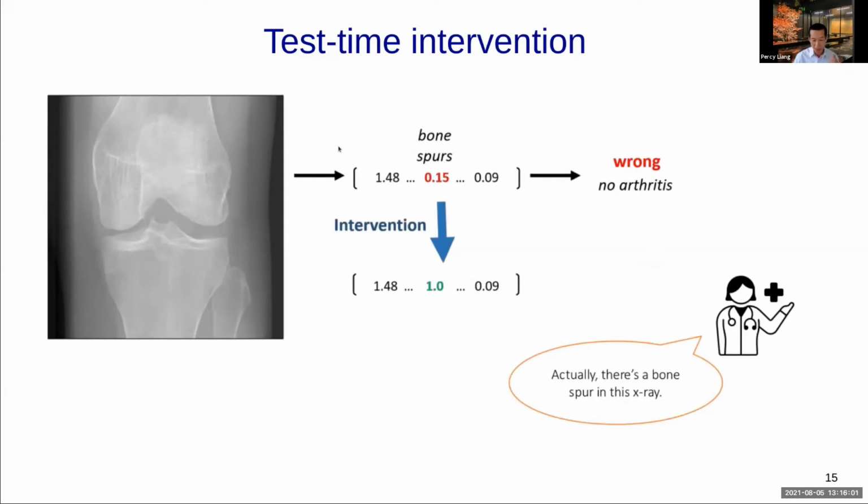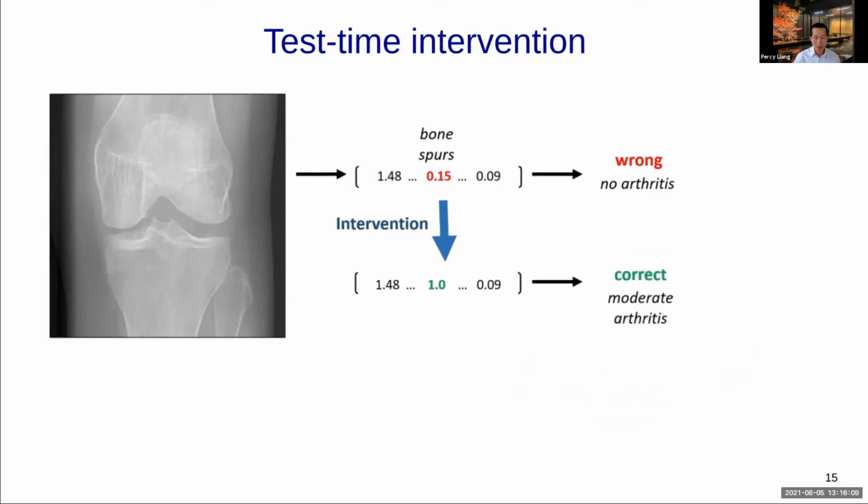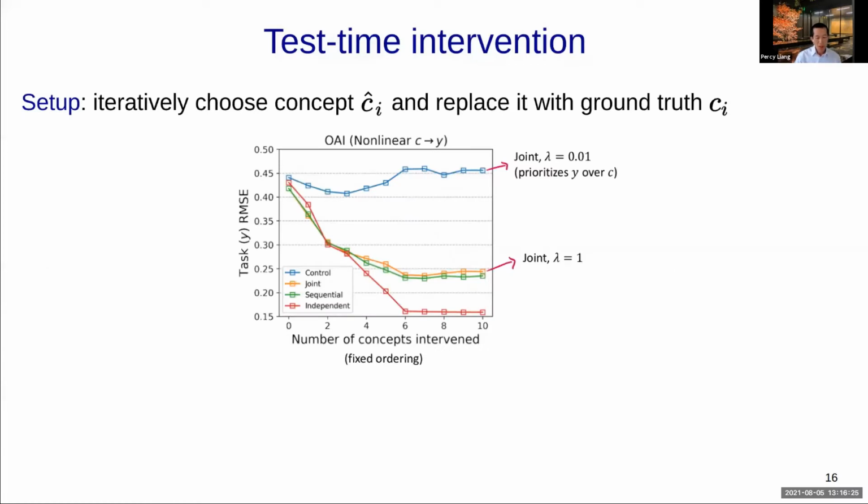If the doctor says, no, I actually think there is a bone spur, then the doctor can just set that value to 1 and run the model forward, and in this case it will predict the right answer. Whereas before you just had uninterpretable hidden units, now the hidden units have meaning, which is why you can do this intervention. We simulated this interactive setting using an oracle.